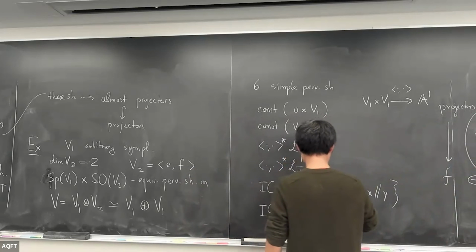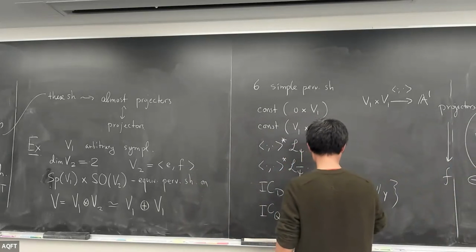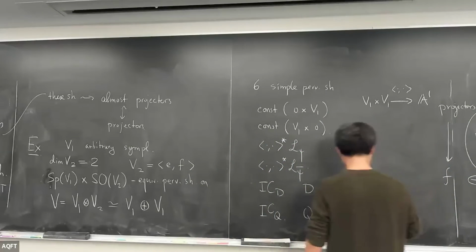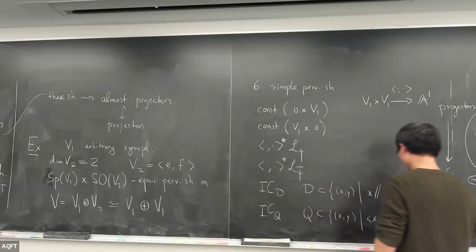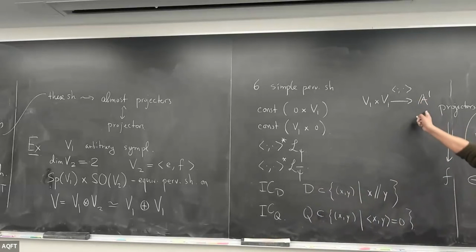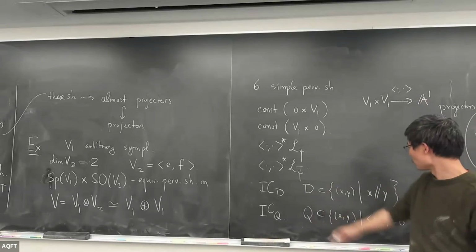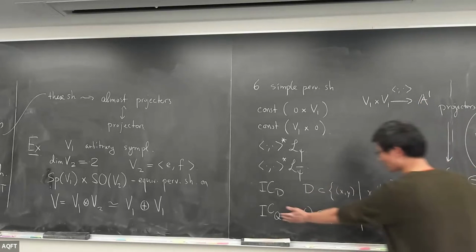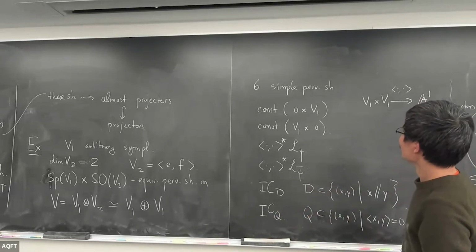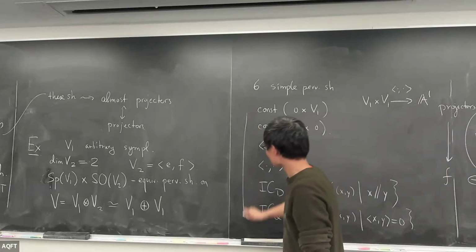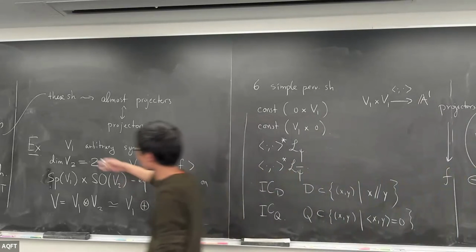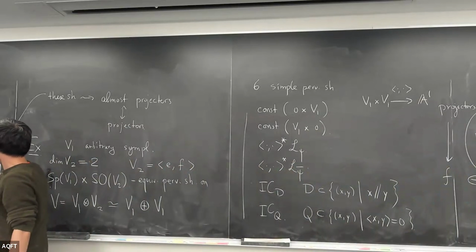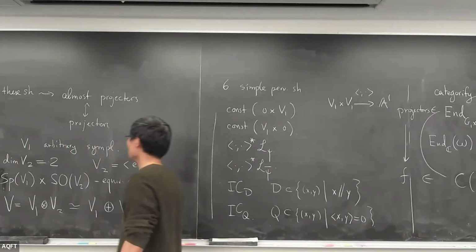And this Q is just pairs of vectors that are orthogonal to each other, the pre-image of 0 under this map. These are both singular varieties, and I take the IC sheaves. So this is the complete list of the so-called character sheaves in the theta correspondence situation in this example.